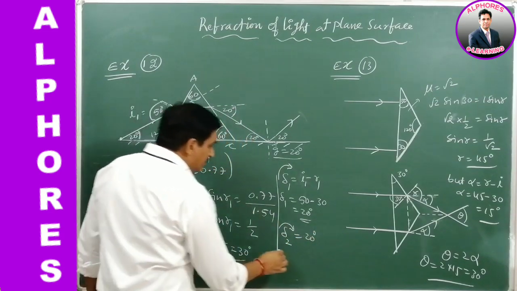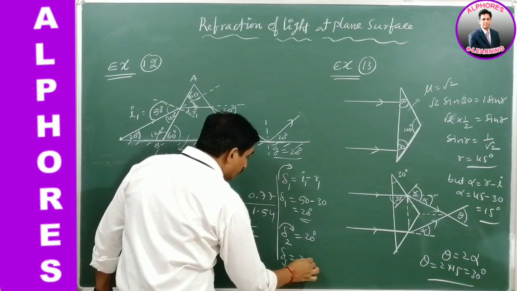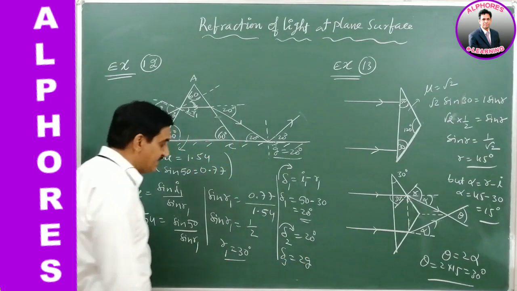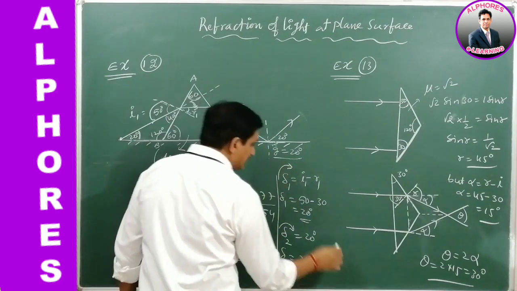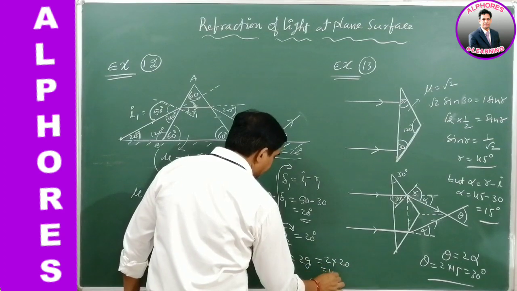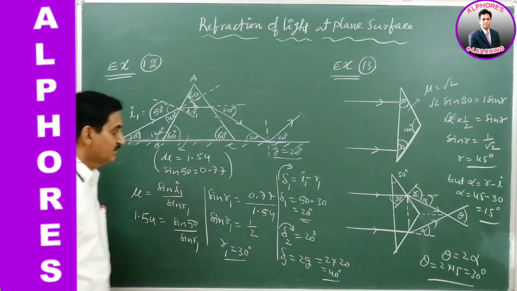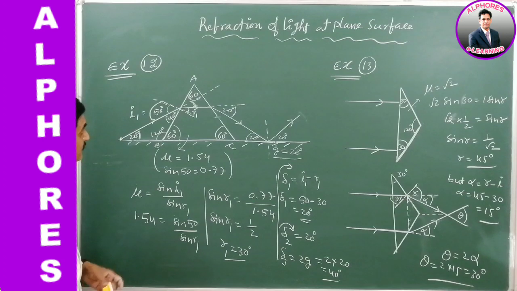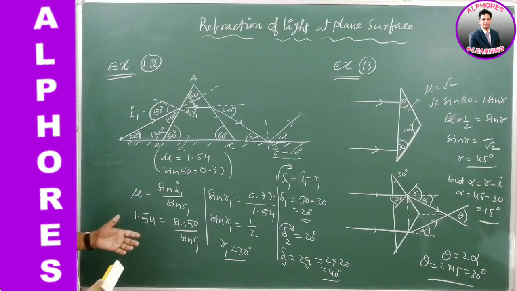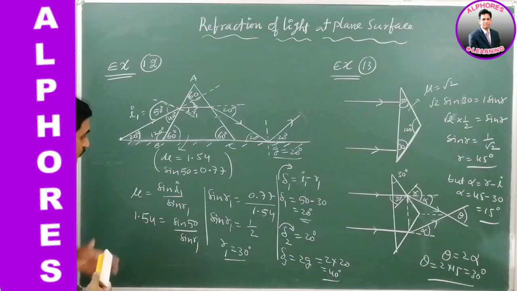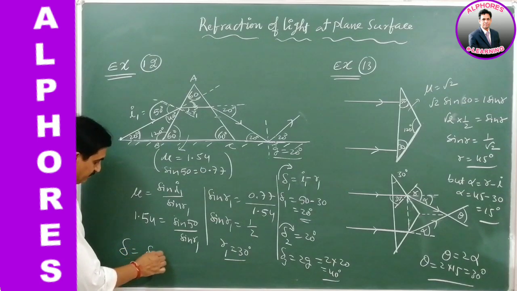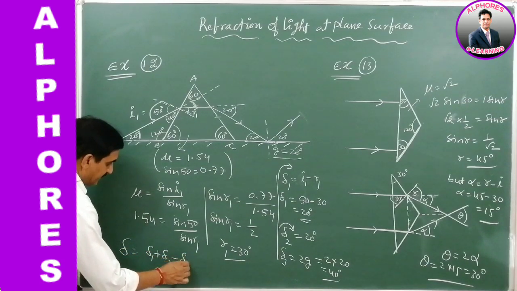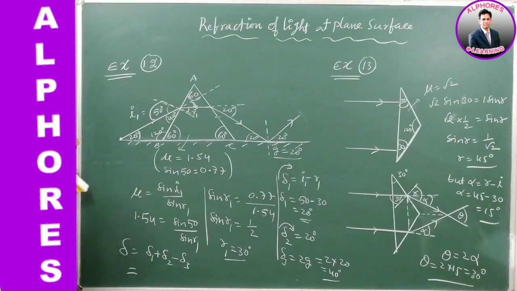Now delta 3 is equal to 2g, in terms of the glancing angle, that is 2 into g. G is how much? Glancing angle is 20 degree, which gives 40 degree. Then what is the total deviation suffered by this light? Total deviation is equal to delta 1 plus delta 2 minus delta 3, which gives how much?